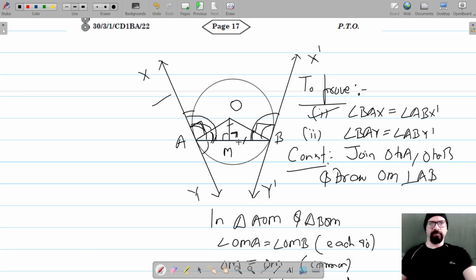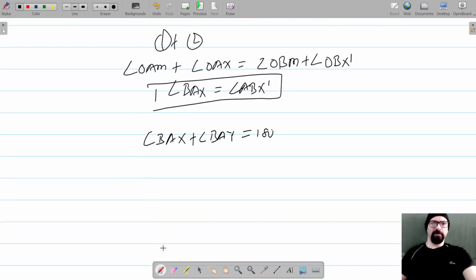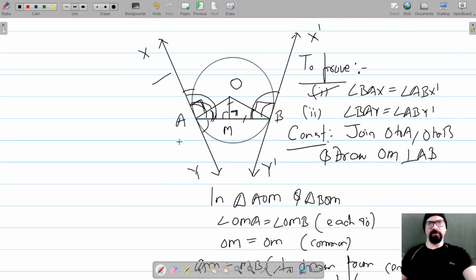Now angle BAX plus BAY is equal to 180 degree. And similarly, so this is angle BAX because these form linear pairs. So angle BAX and BAY, these form a linear pair which is 180 degrees.